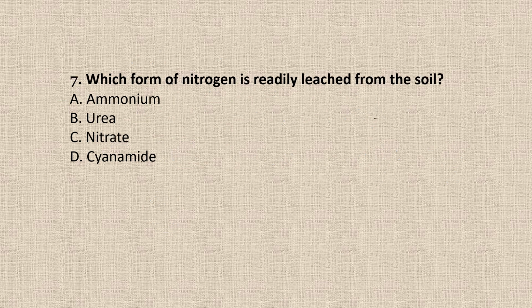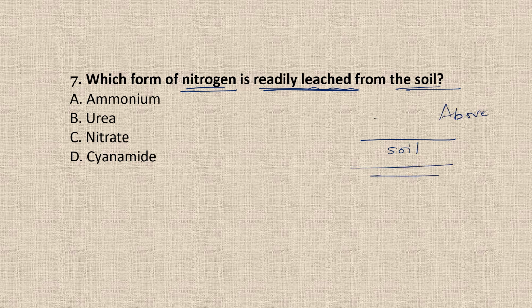Now, next question is which form of nitrogen is readily leached from the soil? So leaching, you must know this. If this is soil, this is the above part of the soil, that means the aerial part, and these are the deeper layers of the soil. So percolation is basically the movement of water within the soil layers.